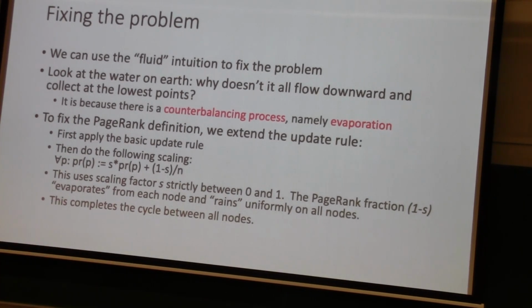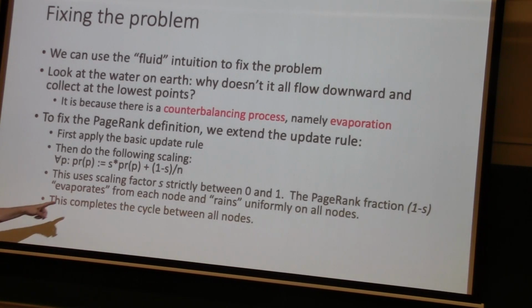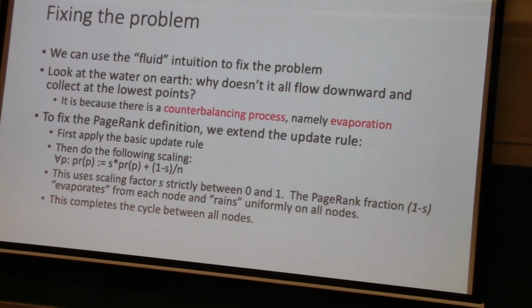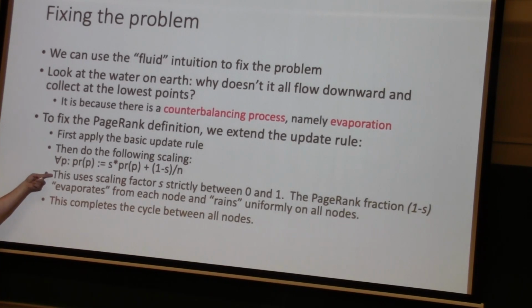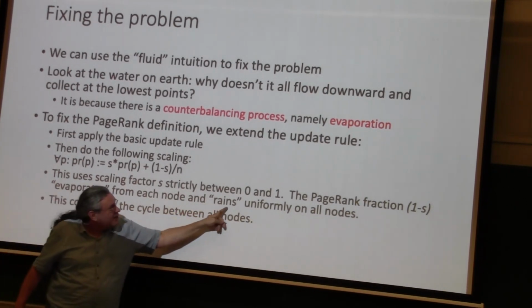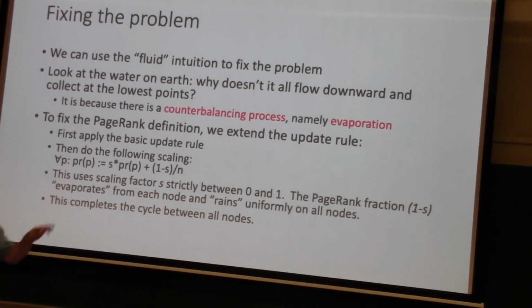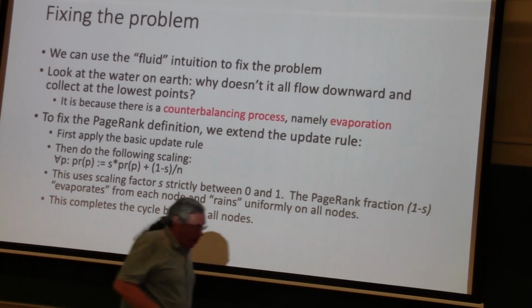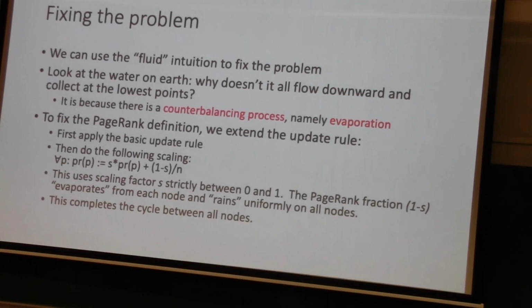So even the pages with very low PageRank will get some. So it's like a random jump, okay? So basically the PageRank evaporates from each node and it rains uniformly on all nodes. So that means we have now a cycle between all nodes, and this fixes the problem, okay?